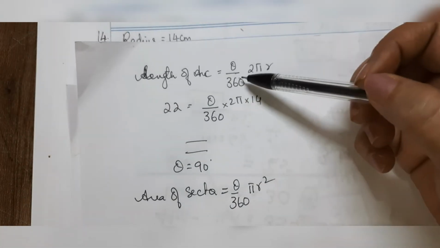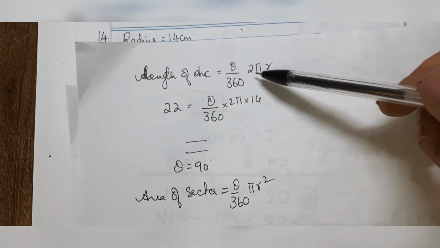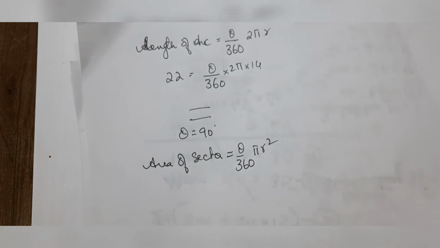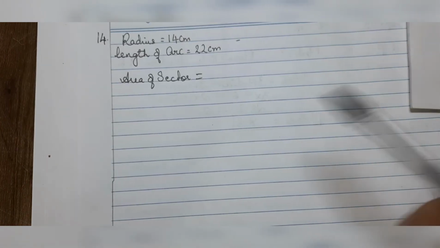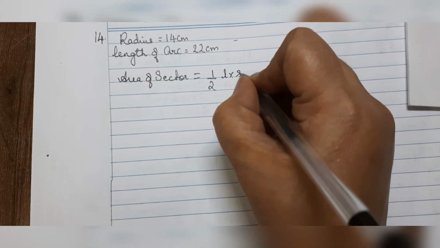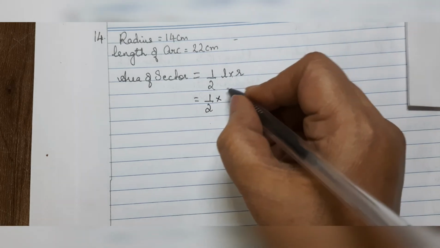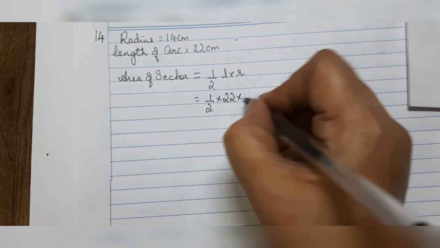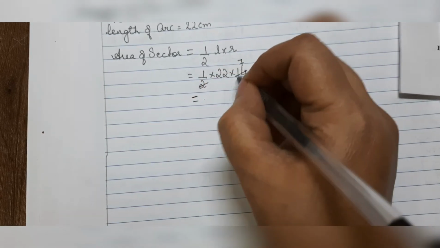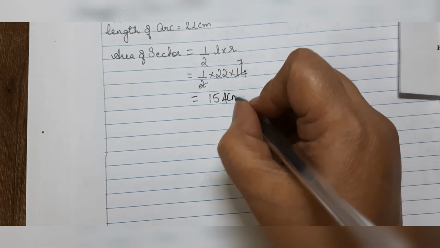Either you can go, because theta is not given, find length of the arc is given, take this formula and find out theta, or we have a formula which connects length of the arc with the radius. So area of the sector will be 1 by 2, length of the arc here is 22, radius is 14. Since it is 1 mark, you can use this. It is 154 centimeter square.